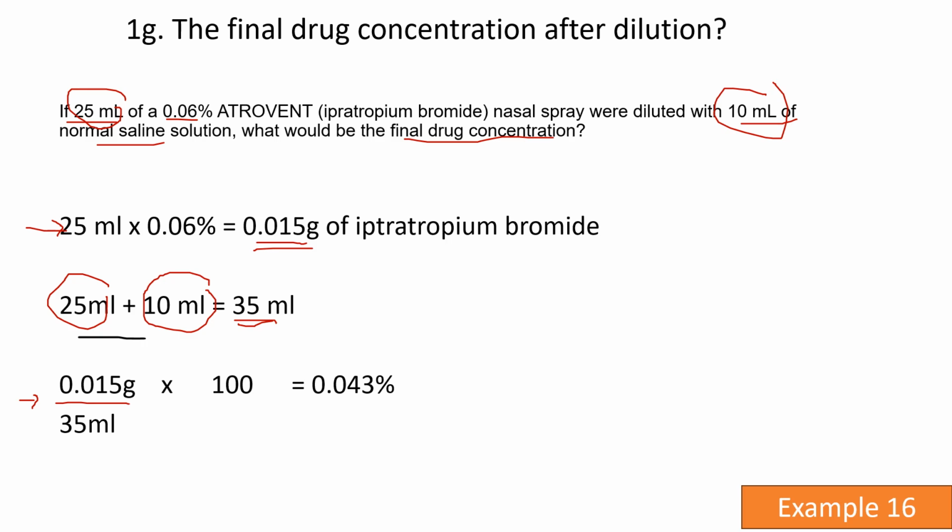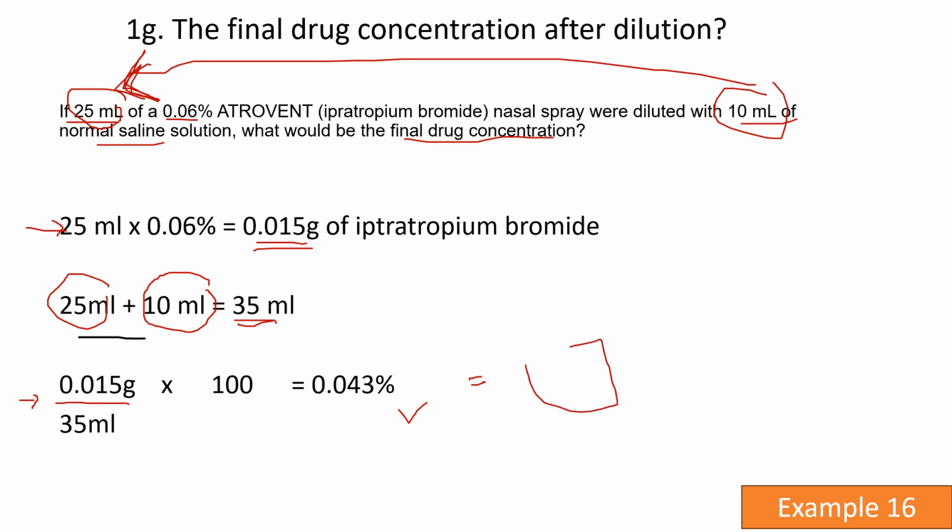So this is the final drug concentration after 25 ml of the 0.06% solution is added to 10 ml of diluent. The quantity of the API in the mixture is reduced from 0.06% to 0.043%, since more of the vehicle has been added to this mixture.